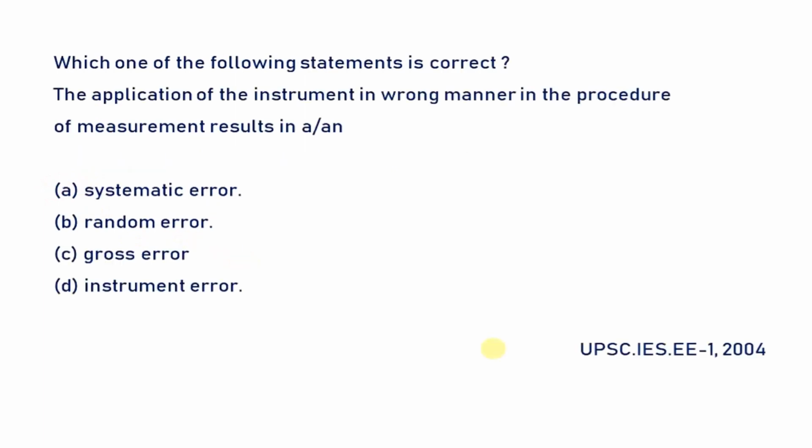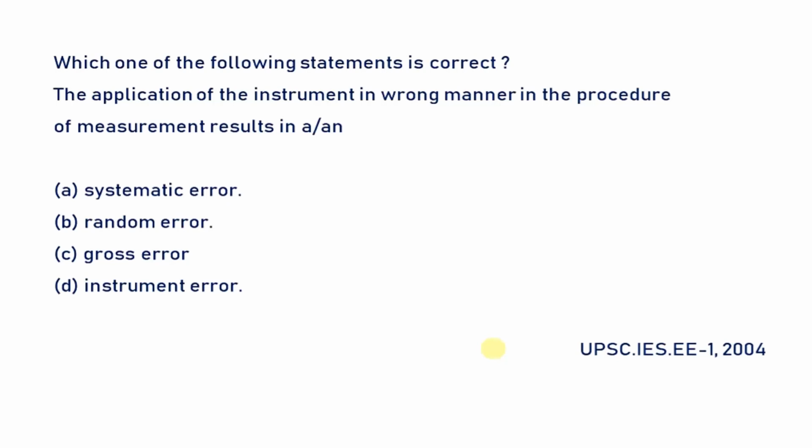Okay. So the question here is asking: which of the following statements is correct? The application of instrument in wrong manner in the procedure of measurement results in... I have discussed all types of errors related to measurement system in my last video.